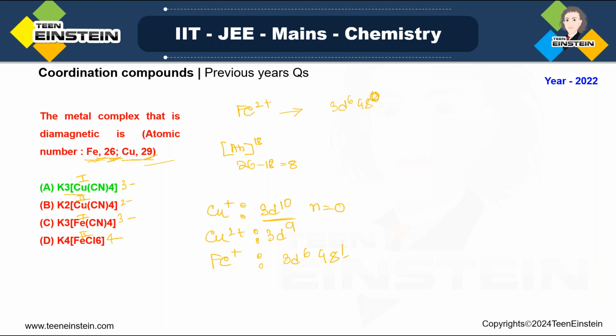You don't have to waste your time on the rest of the complexes. And the last one, that is Fe2 plus, will be 3d6. You can also write the detailed configuration; these are 4 coordination, that means tetrahedral, or it may be square planar also. Both chances are there, but you don't have to waste time writing the electronic configuration because we have already obtained our answer, the diamagnetic complex.